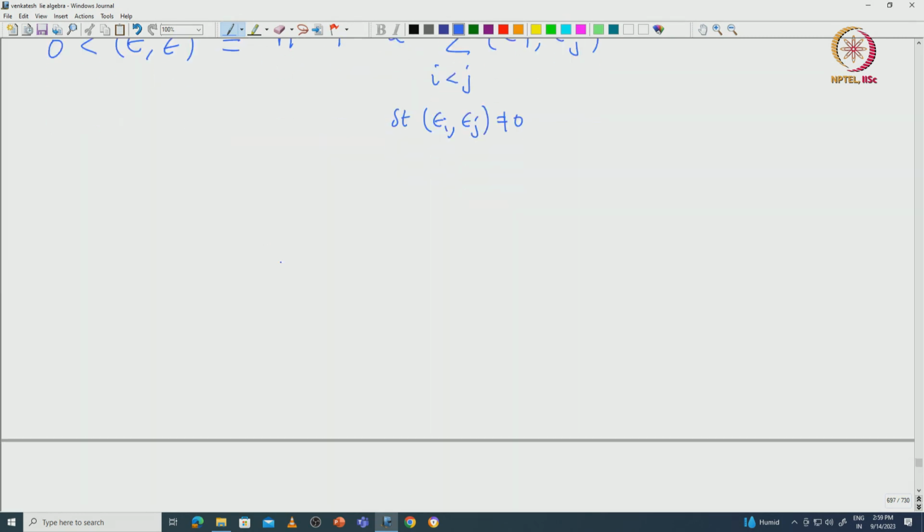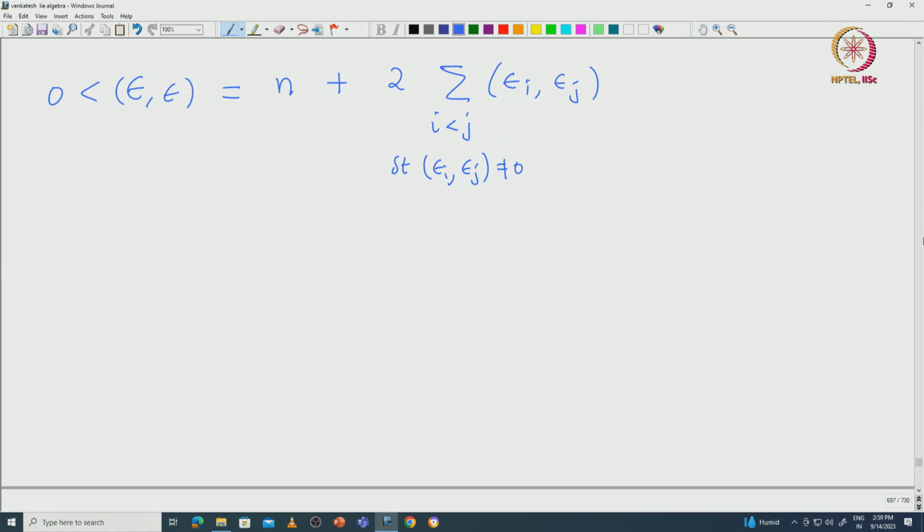Now, what about this twice epsilon i, epsilon j? Let us try to see what it is. Note that 4 times epsilon i, epsilon j squared must be either 1, 2 or 3, because epsilon i, epsilon j is non-zero for this pair.